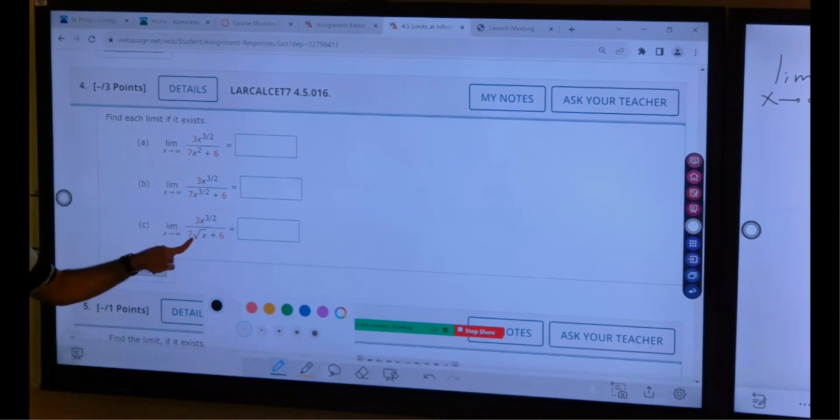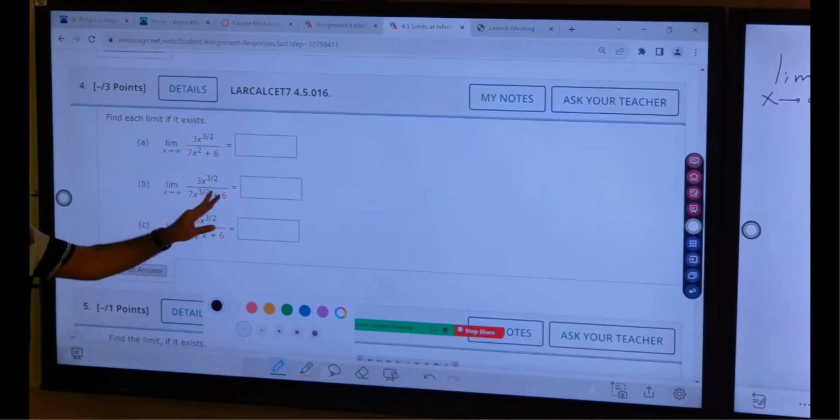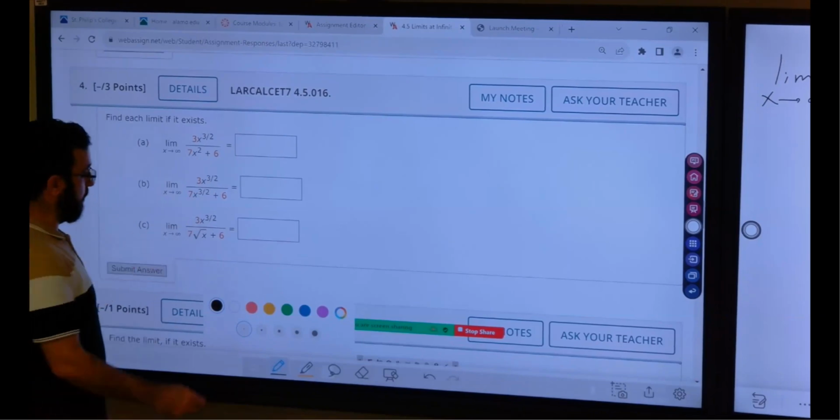This is x to the power half. So you're gonna divide everything by x to the 1 half.